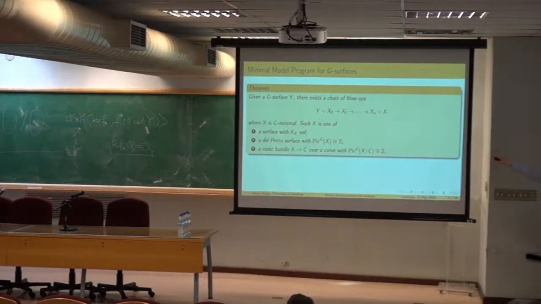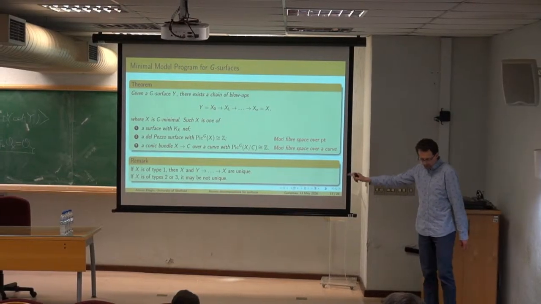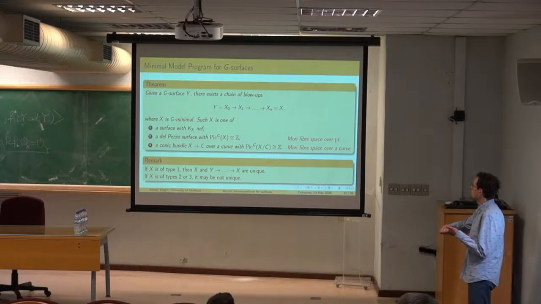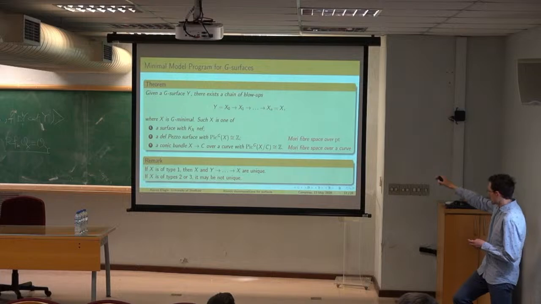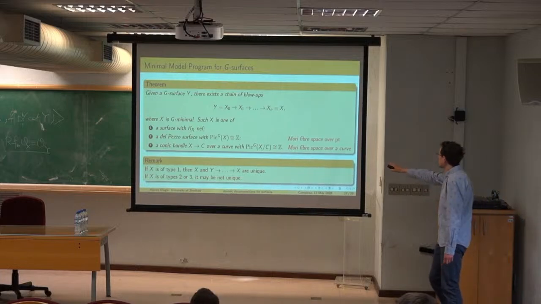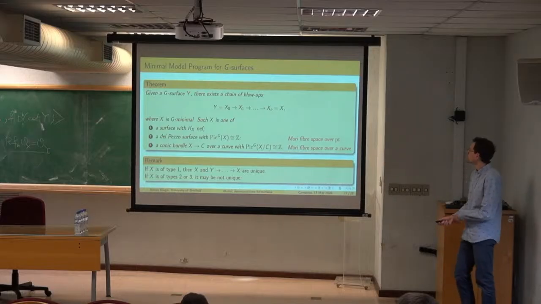So there are three possible outputs, and outputs number 2 and 3 are called Mori fibre spaces. There is a structure map from X to a point in case 2. That's a Mori fibre space over a point. And there is a structure map to a curve in case 3, called a Mori fibre space over a curve.